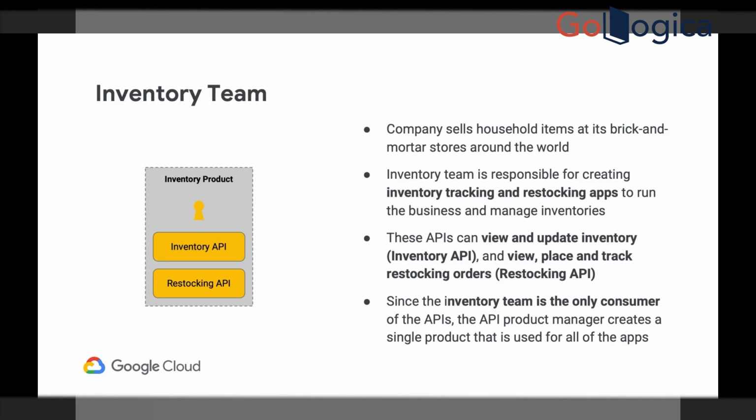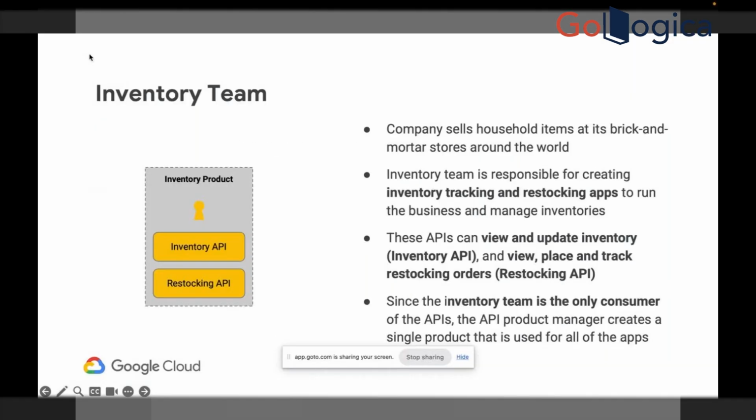We have two APIs. One is the inventory API. The inventory API has two operations: view and update inventory. And then the restocking API has three operations. You can view, place and track restocking. So total five operations in two APIs.